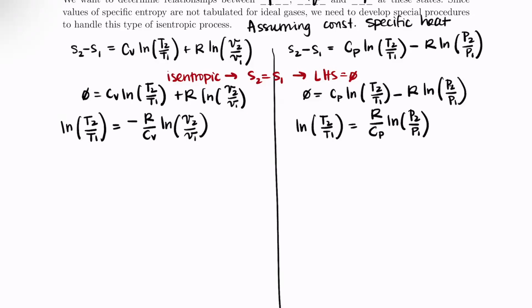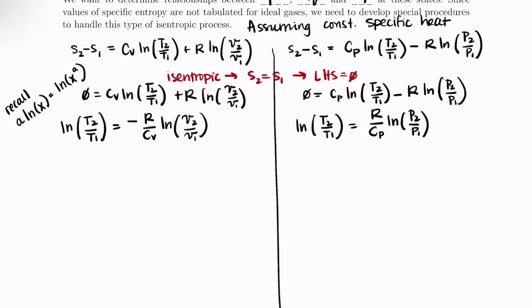Okay, I am going to do a process with natural logs that will get rid of this negative sign in front of my left-hand side equation. So if you remember, the natural log of 1 over x is equal to the negative natural log of x. Or another way of writing, actually, I don't like that. Hang on. My brain works better this way. So what I'm going to do is say, if I have some coefficient a times natural log of x, this is equal to natural log of x raised to a.